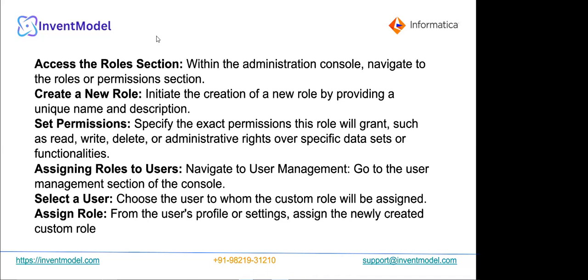When we click, it will open, and we can provide a role name and description, and set permissions like read, write, update, and set permission. We can also choose services, like Admin, MDM Configuration, Business 360. There are many services we can select, and we can set the permission also.